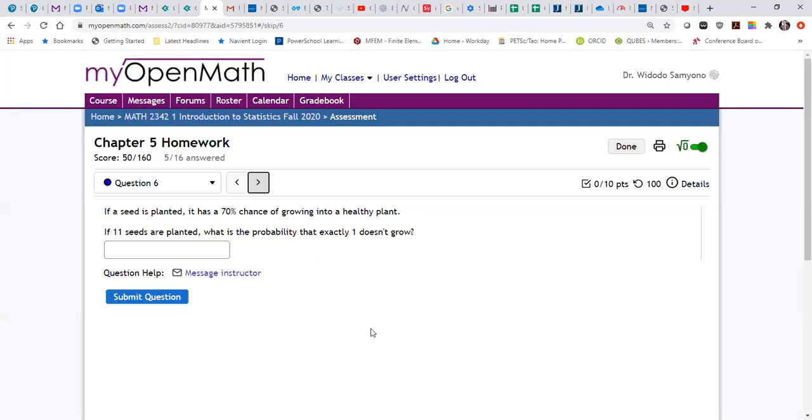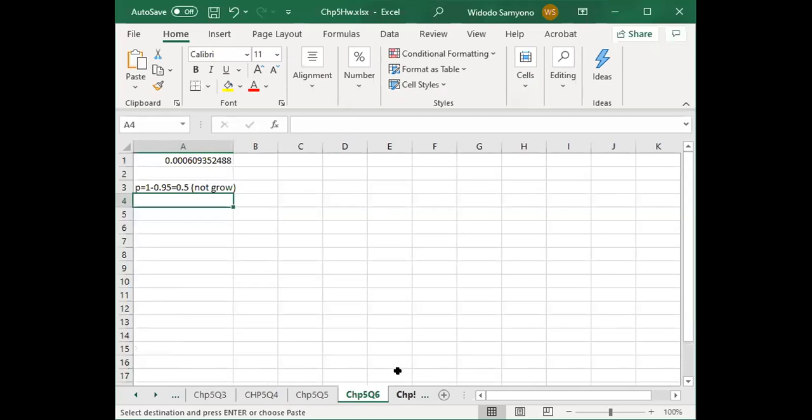So you can use Excel here. You have 11 seeds, and what is the probability exactly one doesn't grow? I will show you how to use Excel for question number 6. This one is a little bit tricky, so you have to be careful.